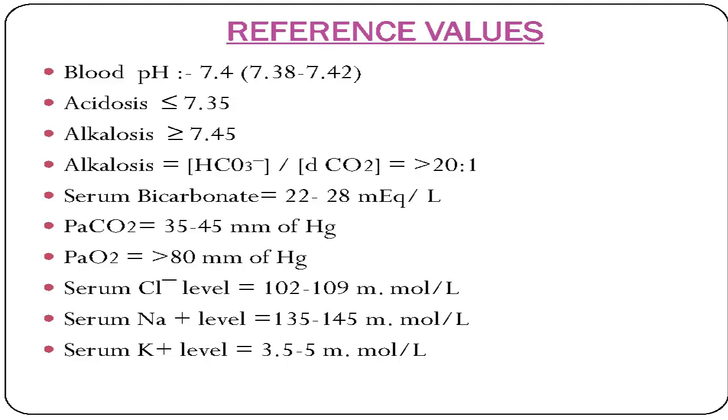Now, the serum chloride level falls in between 102 to 109 millimole per liter, the serum sodium level is 135 to 145 millimole per liter, and the normal reference potassium level in the human body is within 3.5 to 5 millimole per liter.